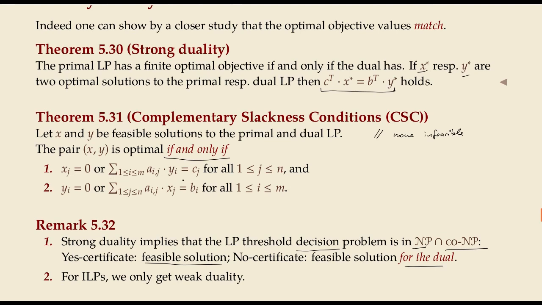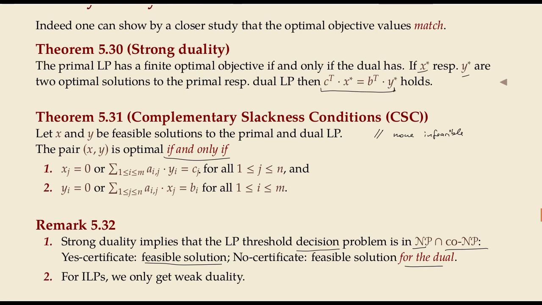Remember, these were inequality constraints in the original formulation. And these complementary slackness conditions say either the variable is tied to its bound or its corresponding constraint is tied to the bound in an optimal solution. And this is an if and only if. This is really useful because it allows you to solve one problem to optimality and then construct the solution for the other in a certain sense.